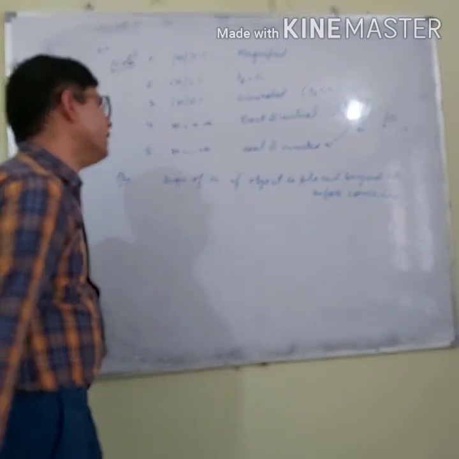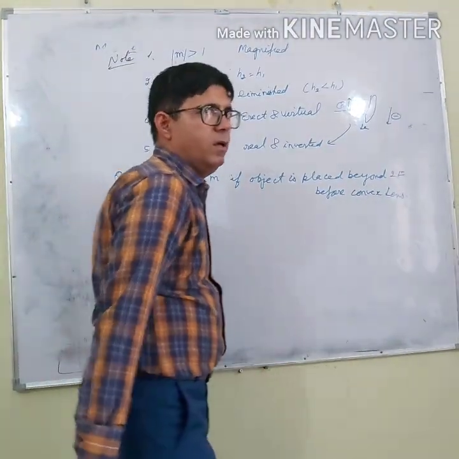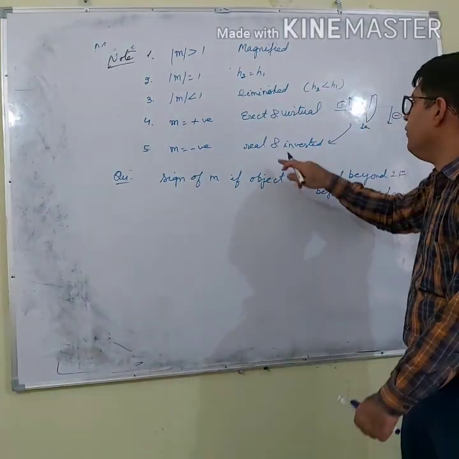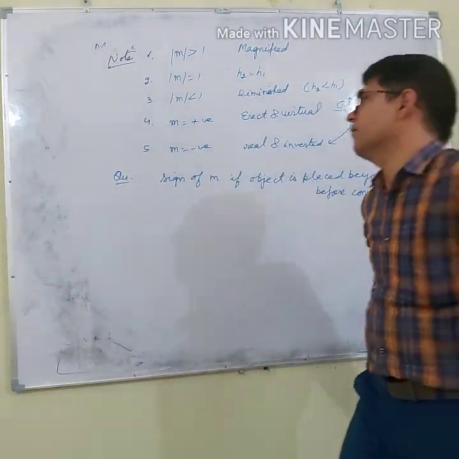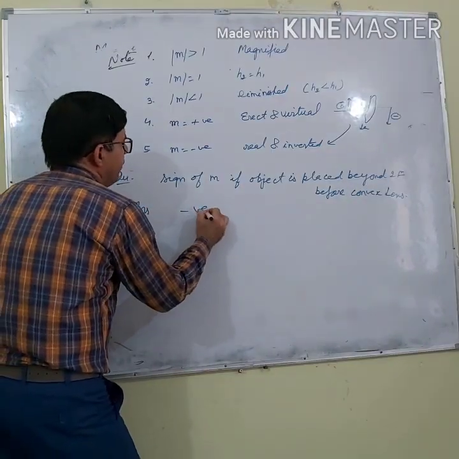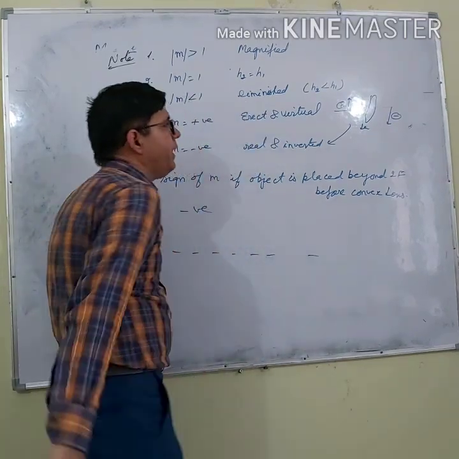The image formed was real and inverted, and for real and inverted, magnification is negative. So its answer will be negative.